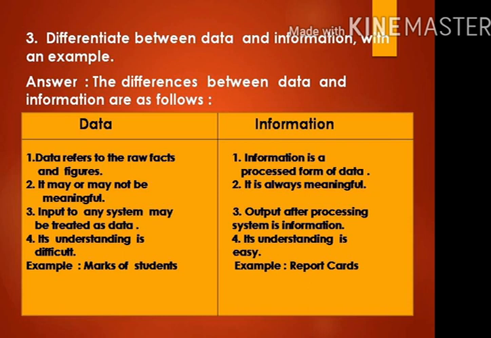Number 2. Data may or may not be meaningful. Number 2. Information is always meaningful. Number 3. Input to any system may be treated as data. Number 3. Output after processing system is information.